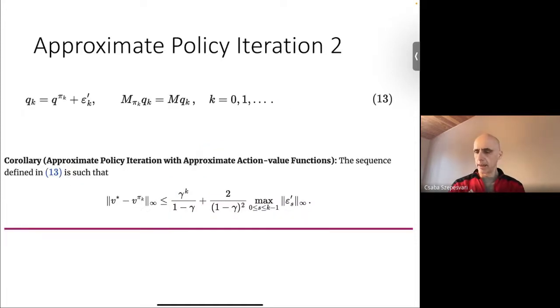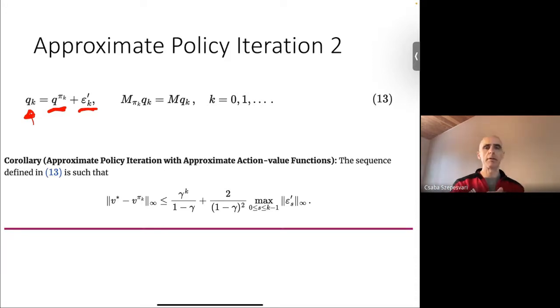All right. So now, how do you apply this in our setting? In our setting, these errors are coming from approximately evaluating the action value function. So we have some other type of errors because we're not going to get exactly the action value function, but an approximation to it. So there is some error.